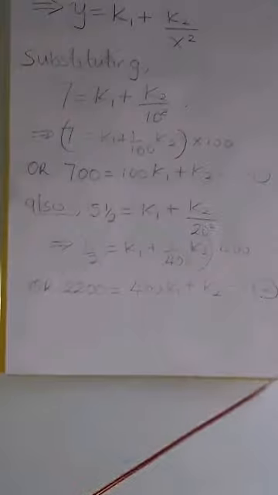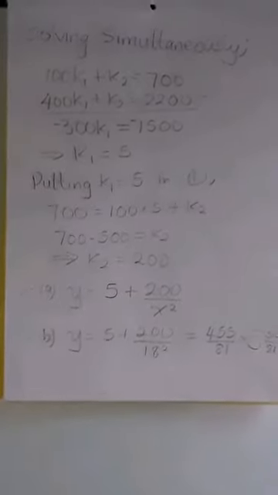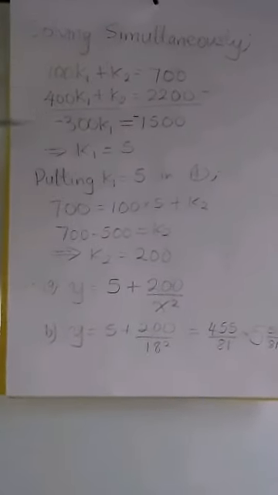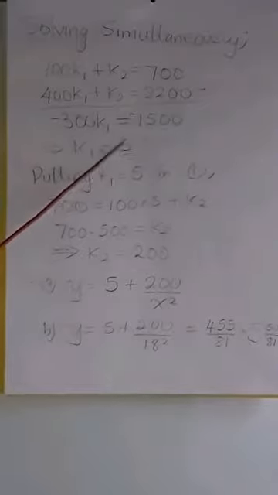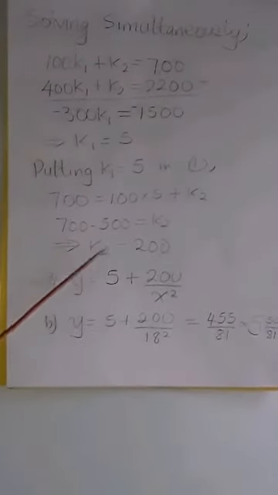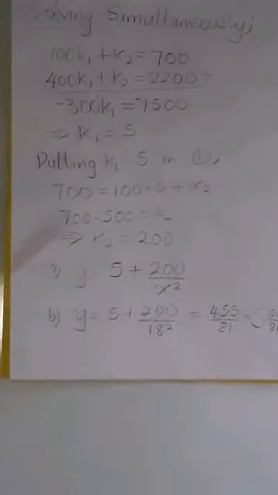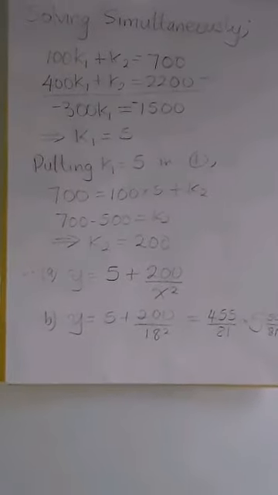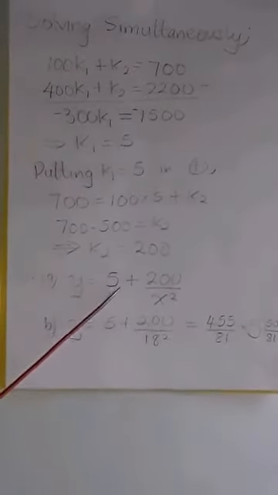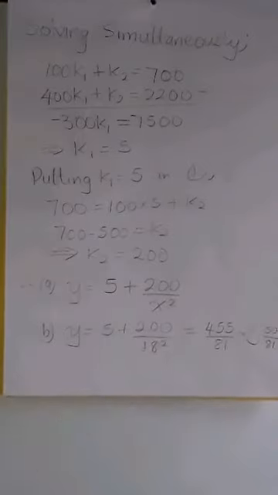I form the second equation. Then I organize them into simultaneous equations and solve them simultaneously. So k1 will be 5 and k2 will be 200. So substituting in the equation, then we'll have y equals 5 plus 200 over x squared.